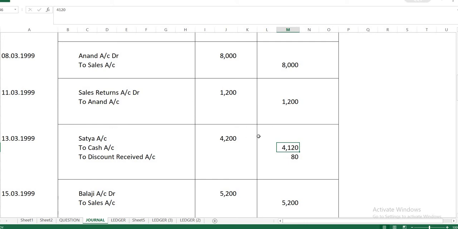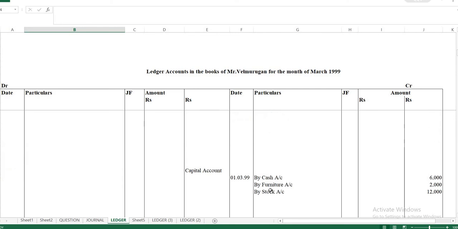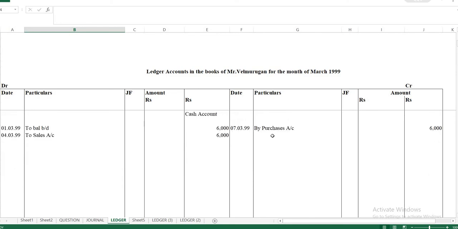Only 4120, so you have to mention only this amount; you should not show the other amount.